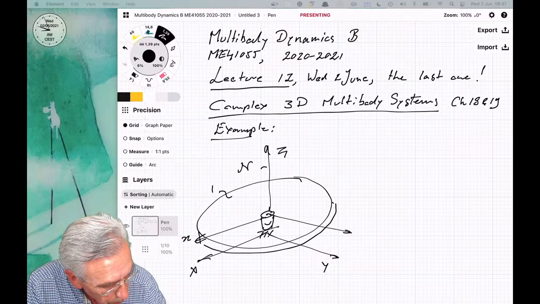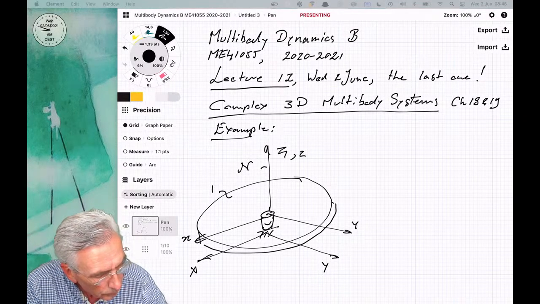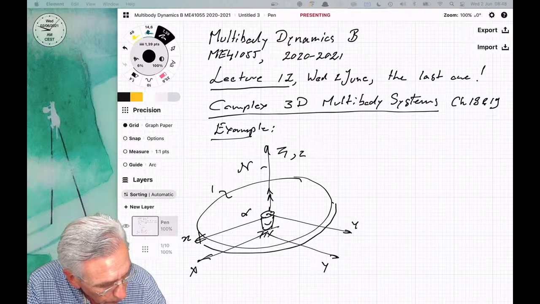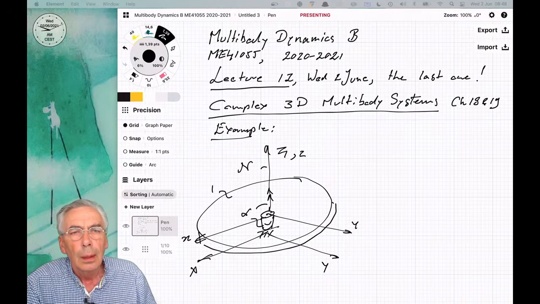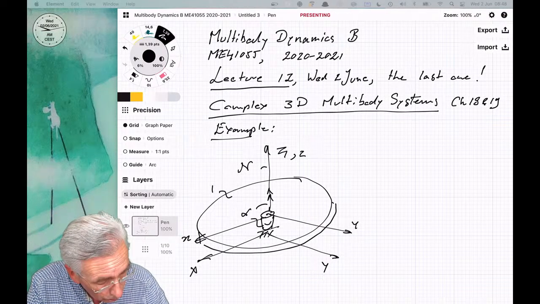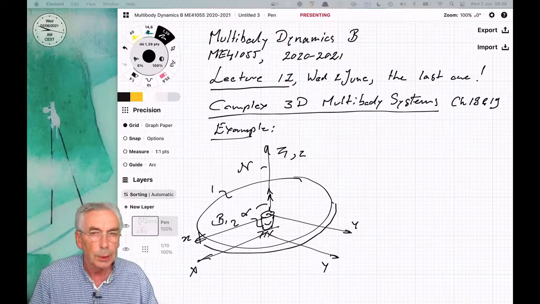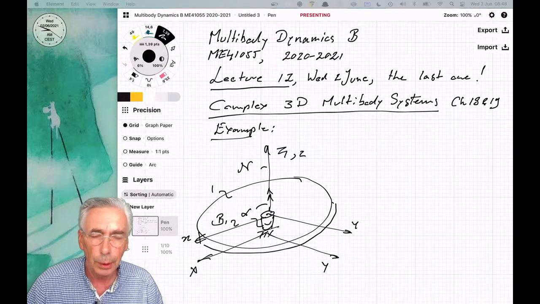So you could say that's a small x, a small y, and a small z. Since the rotation is all about this axis, we call that alpha. We have to give it a name. Well, let's say this is B1 as a coordinate system. So now this disk can rotate with respect to our inertial system.